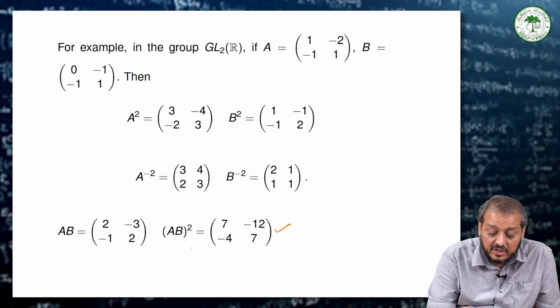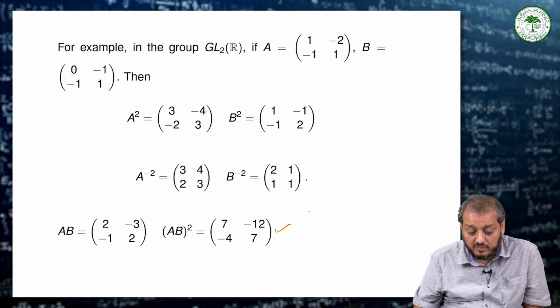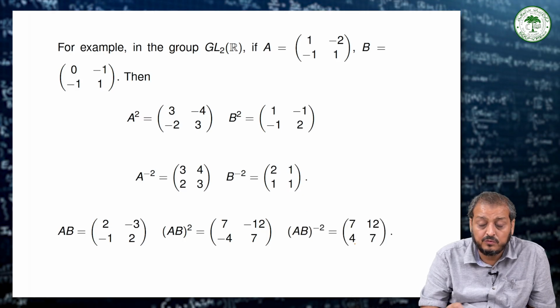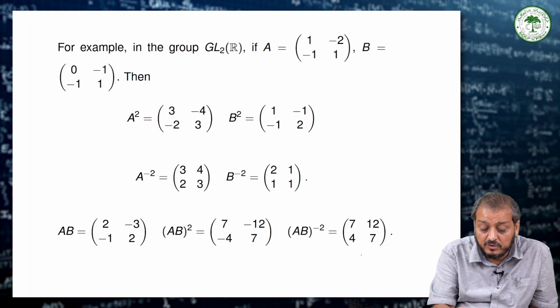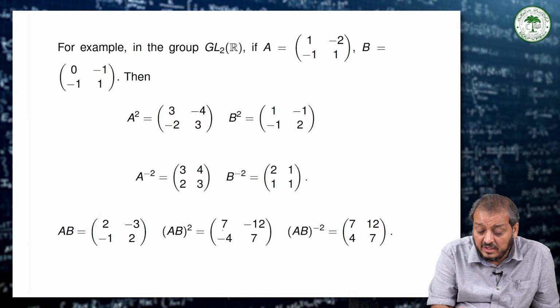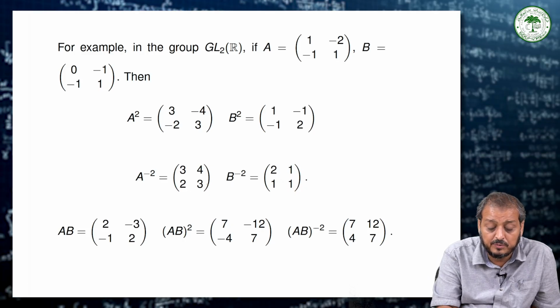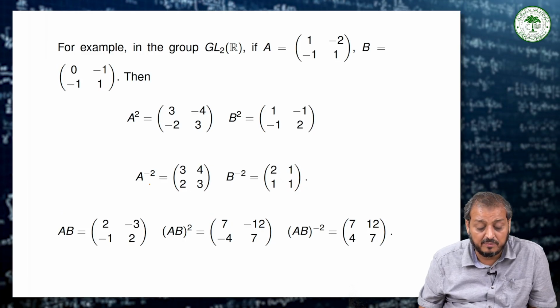And if we take the inverse of this, again we have 7 into 7, and then 12 and plus 4. And now we calculate this matrix, which is equal to B to the power minus 2 and A to the power minus 2.